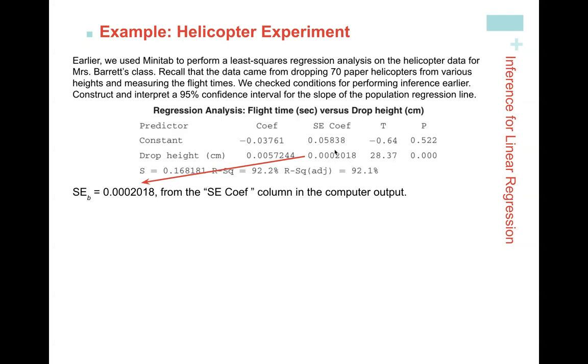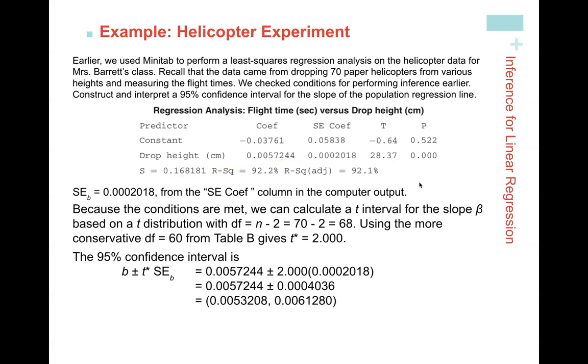Again, it's really nice when you have Minitab output because your standard error is right there. So all you have to do is figure out what your t star is going to be. So go ahead and see if you can figure out what the t star is for a 95% confidence interval with 68 degrees of freedom.